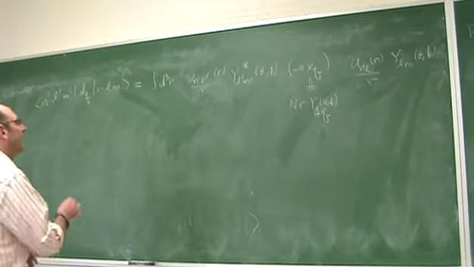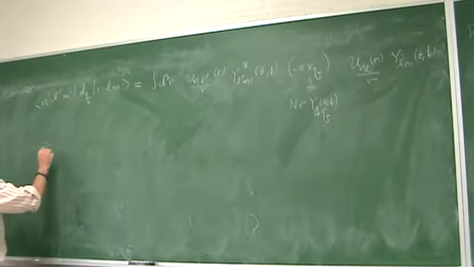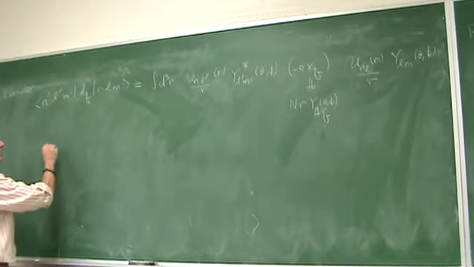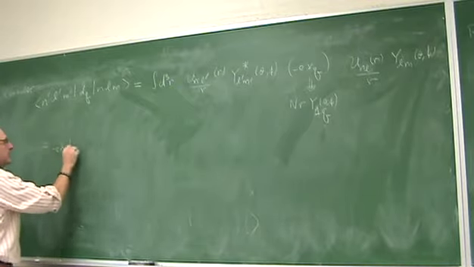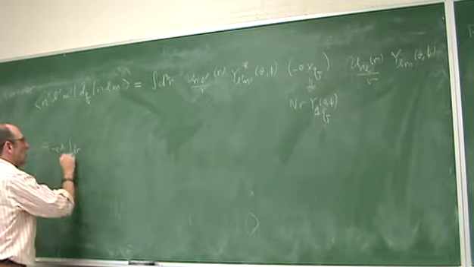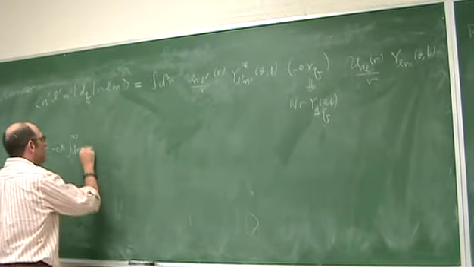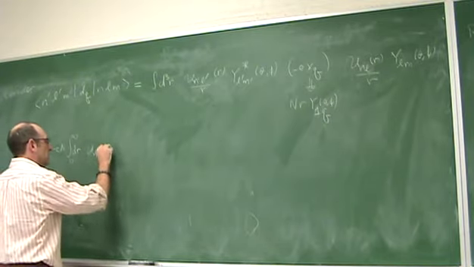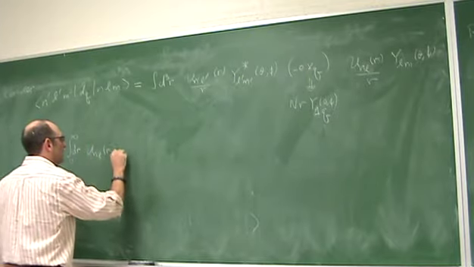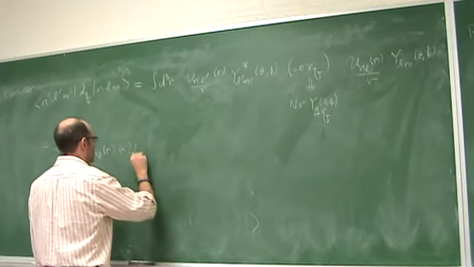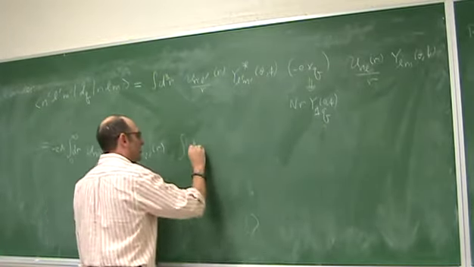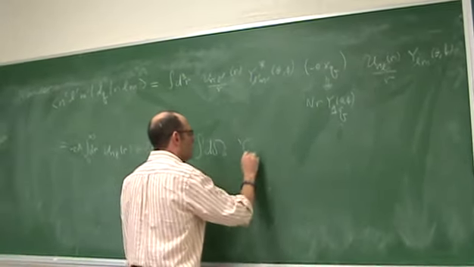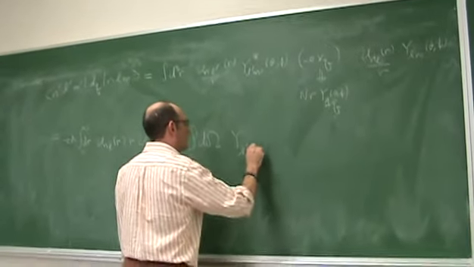So now I can rewrite this in the following way. What I see is, there's some number, there's the integral over the radial coordinates, and then the integral over solid angles.